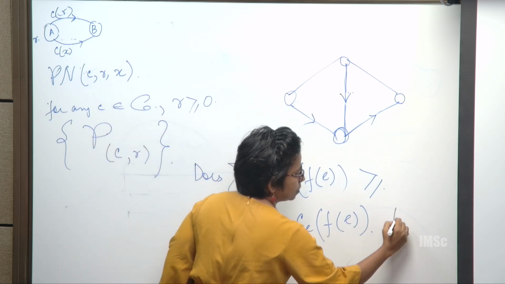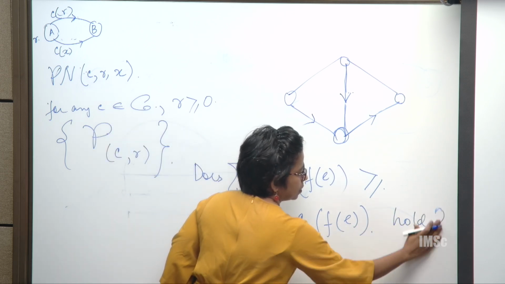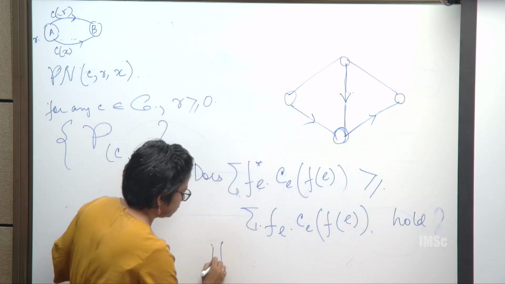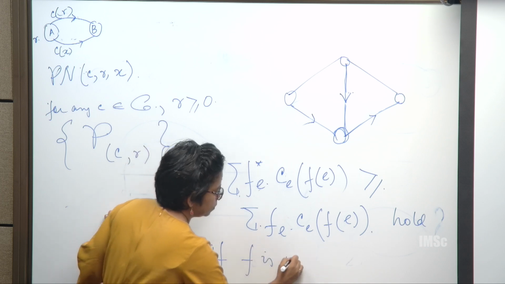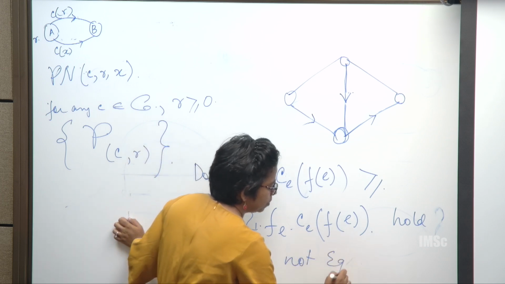Does this hold if f is not an equilibrium flow?